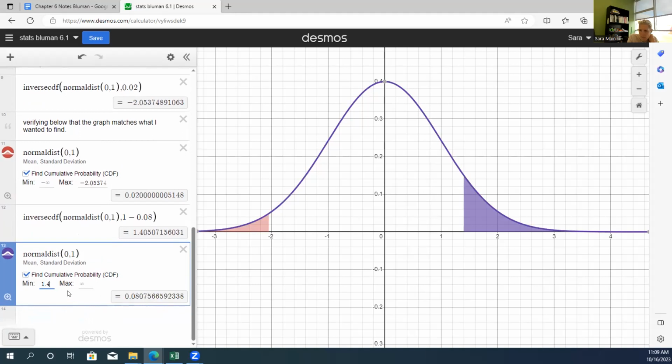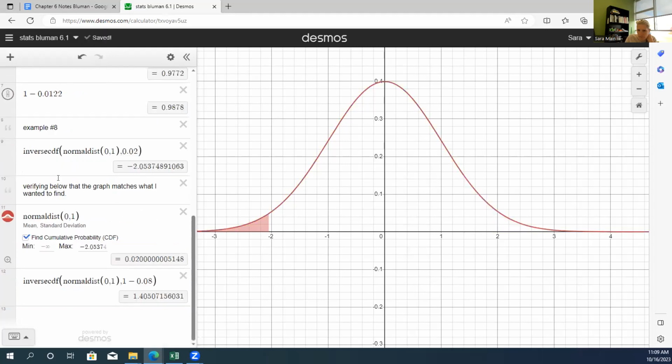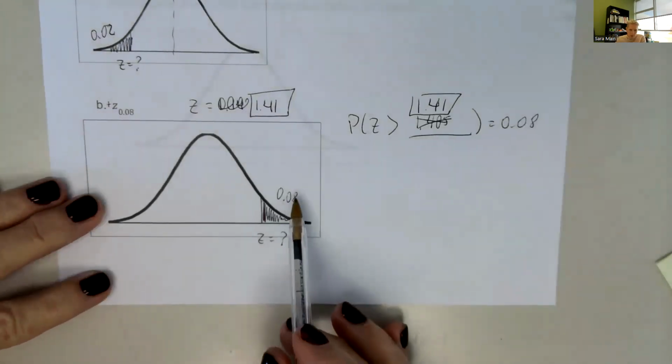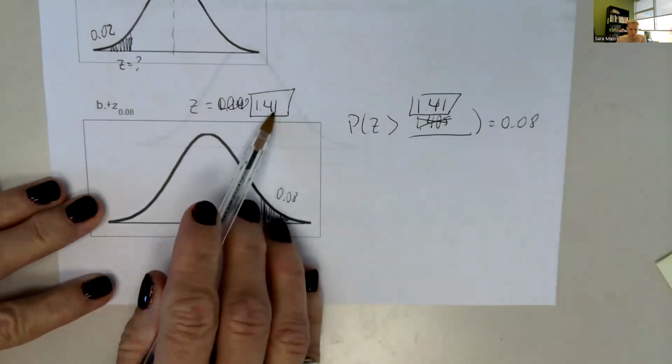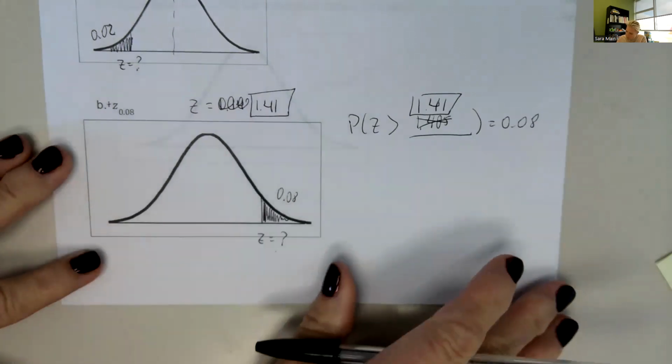If we did more decimal places, 1.405, then it rounds to the 0.08, but it just validates that's what we wanted. So 0.08 is equivalent to 1.41 z-scores.